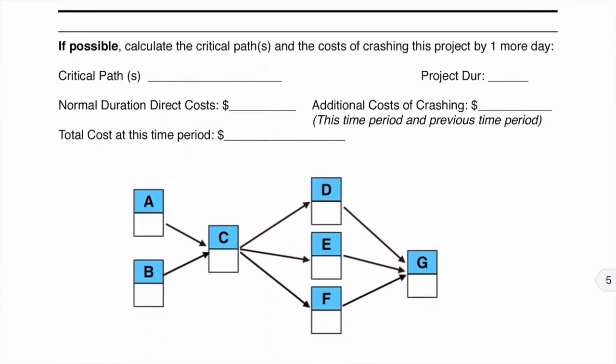Okay, so let's go ahead and do that one. F is now going to be 7, because it can't go any farther. We had just 2 days possible. E can go to 7 days.